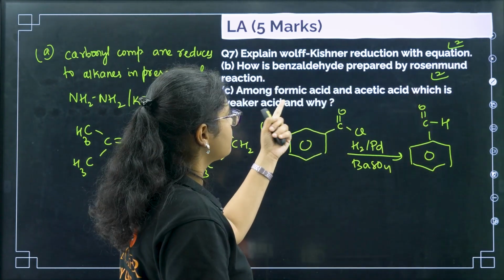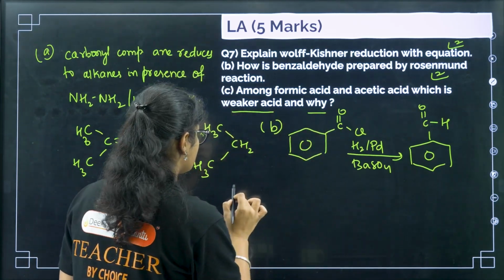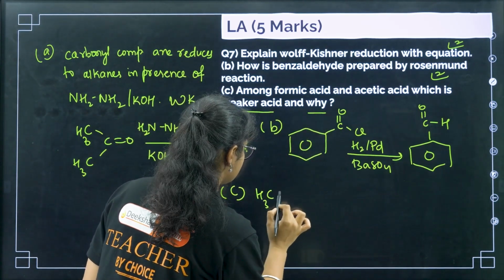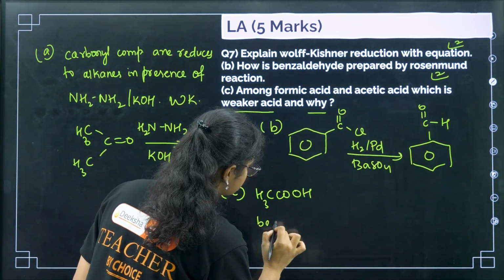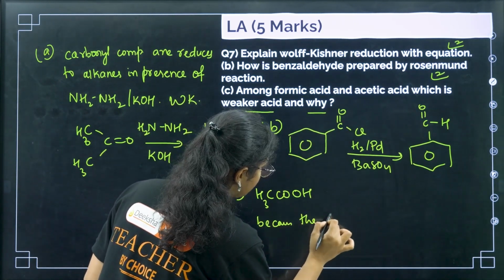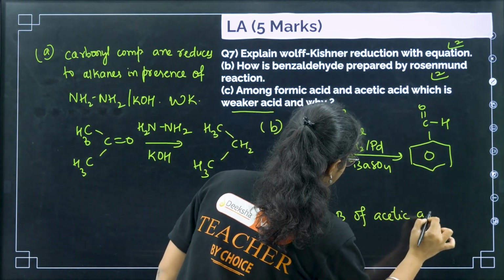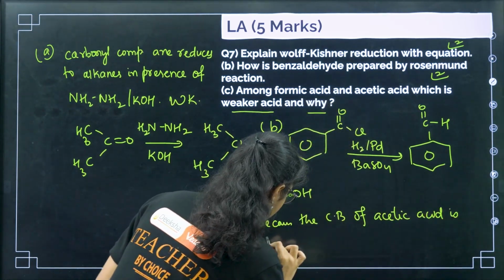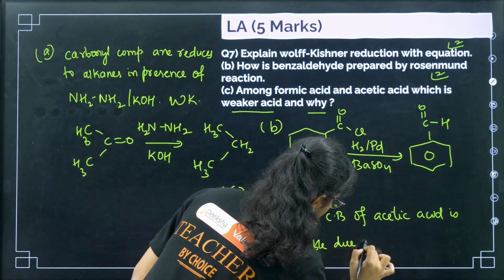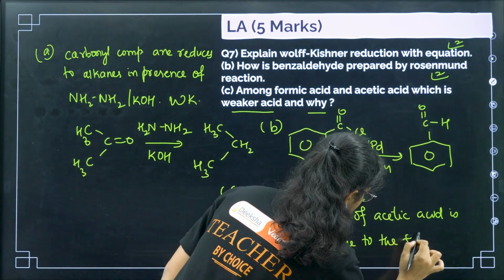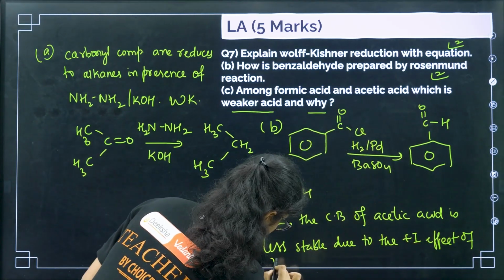Next question, among formic acid and acetic acid, which is weaker acid and why? So acetic acid is weaker acid, and why? You can write because the conjugate base of acetic acid is less stable due to the plus I effect of methyl group.